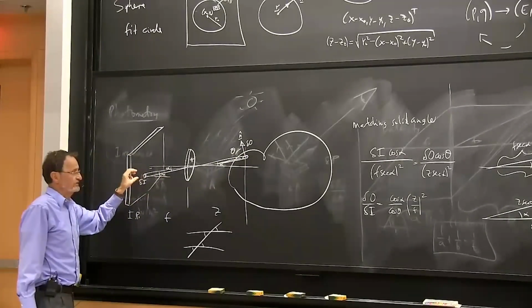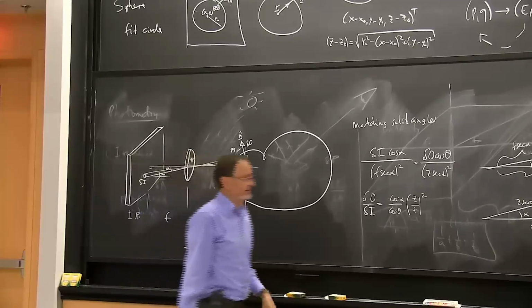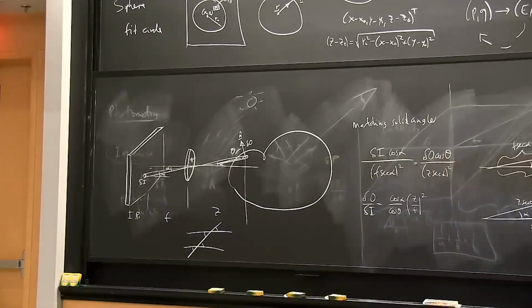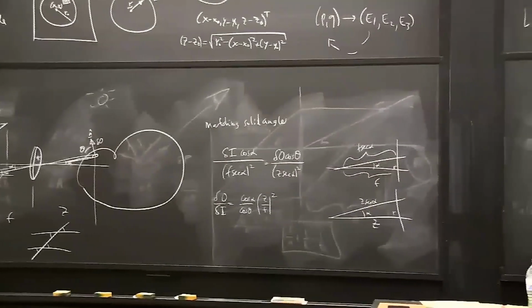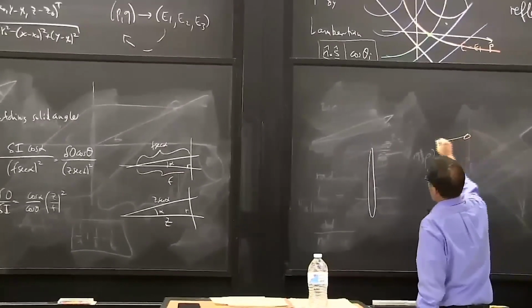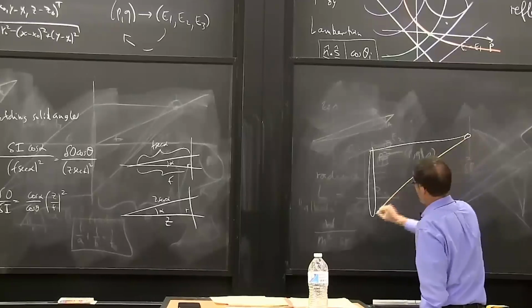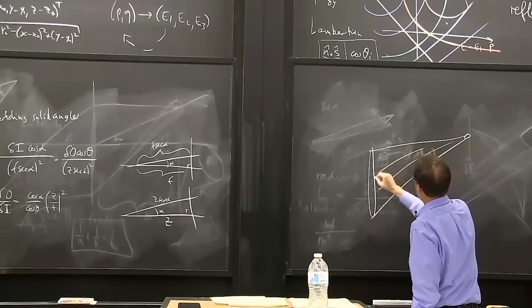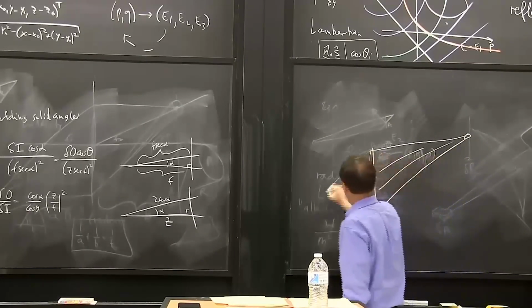And this is what we measure. It's the irradiance there. Now we have to think about how much of the light from that patch on the surface actually is going to be concentrated into that image.